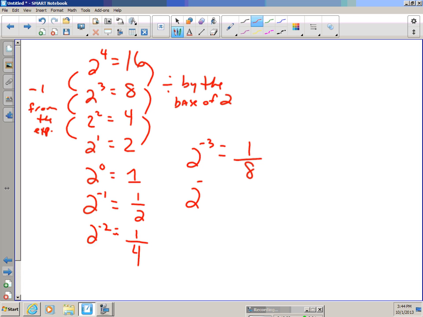And 2 to the negative 4 is 1/16. Hopefully you can see the pattern that my denominator is the same as what my exponent was when I had a positive exponent. So let me explain why that is working this way.